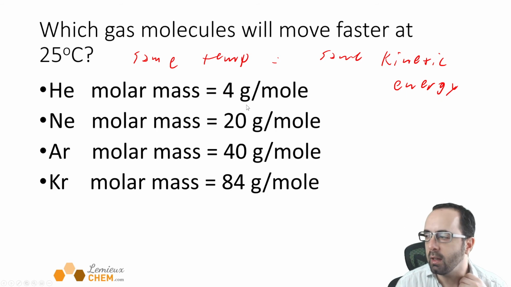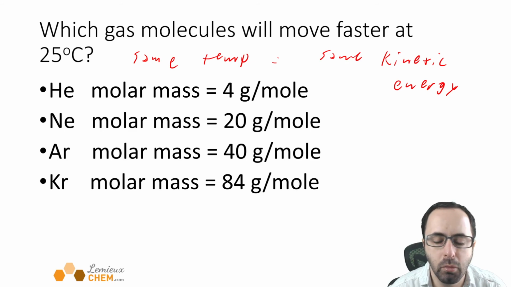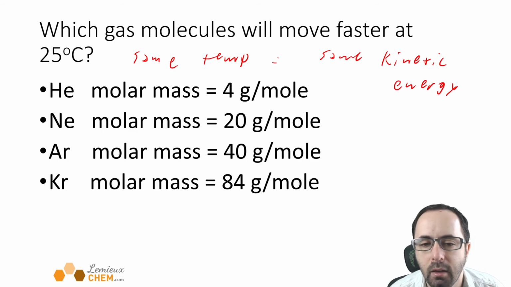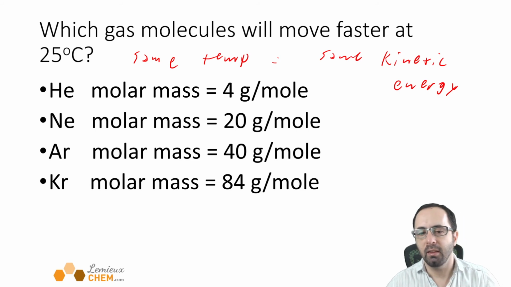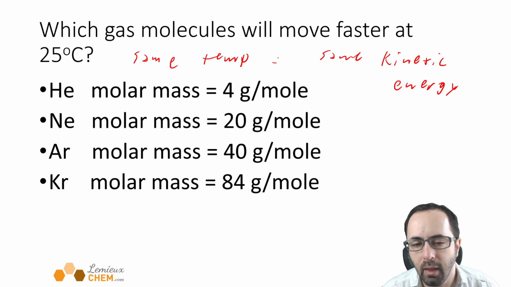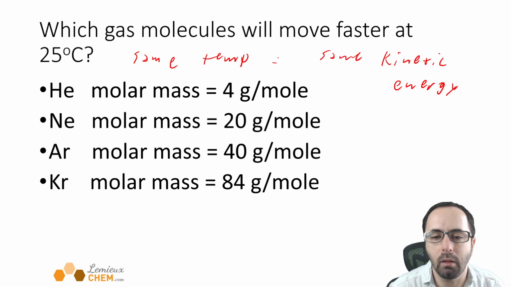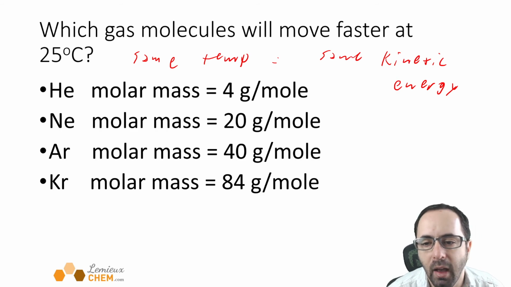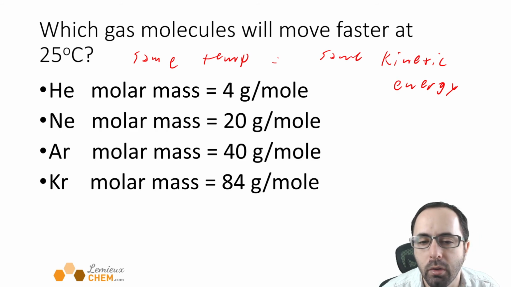So you can think of kinetic energy like the energy of movement. Imagine that you're playing football, and you've got to tackle someone, hit them and knock them over. If you have a really light guy, he is going to have to go a lot faster to knock someone over, because he's light, right?